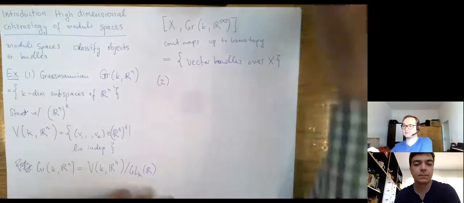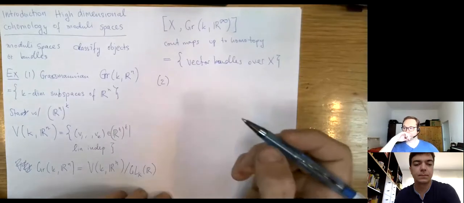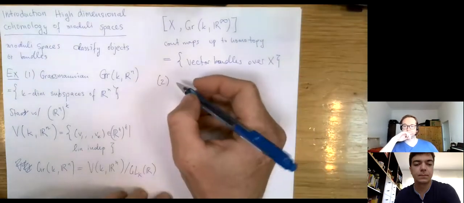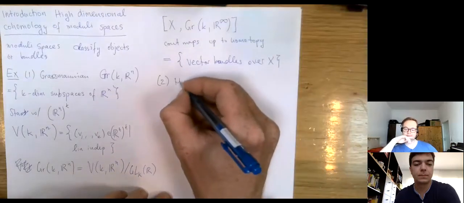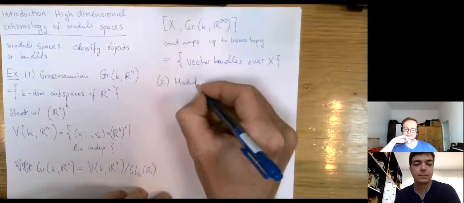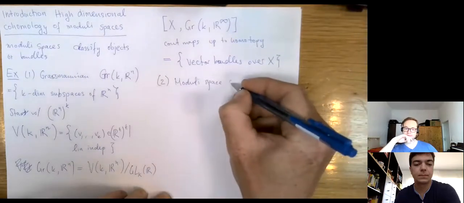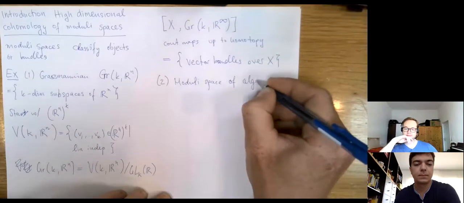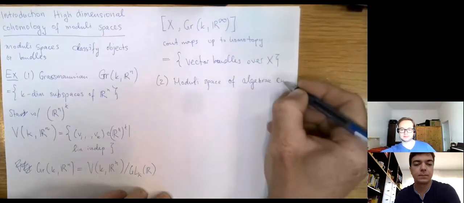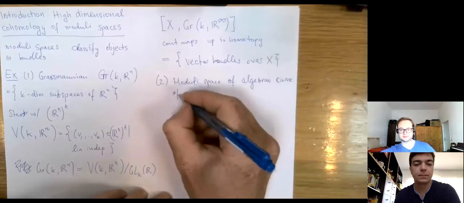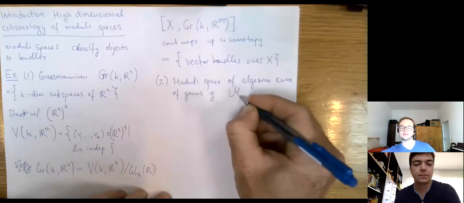An example that is closer to what we'll be talking about here is the moduli space of algebraic curves. And that actually has the word moduli space in its name. Curves of genus g, and that is denoted M_g.